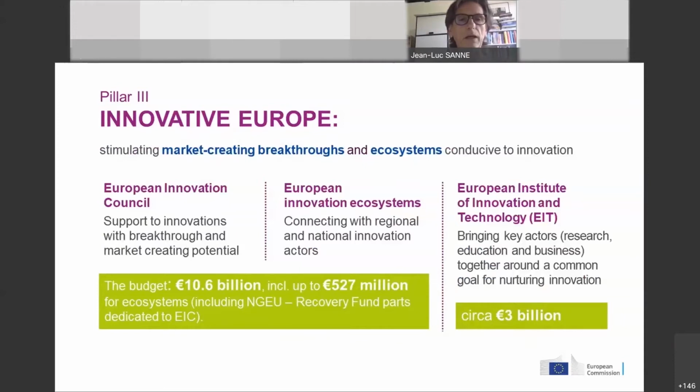Pillar 3, you have the European Innovation Council, which was started as a pilot under Horizon 2020 and gets about 10 billion. You have a small activity, which in my opinion is very important and might be of interest for a partnership in personalized medicine, which is the innovation ecosystem.